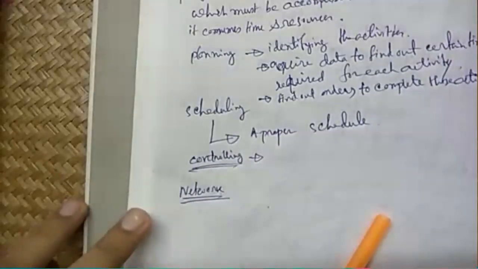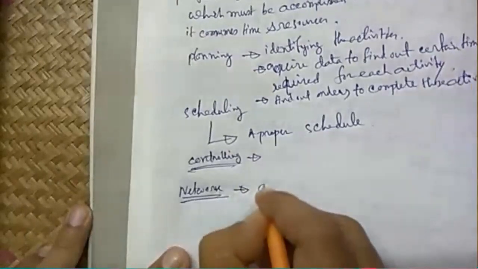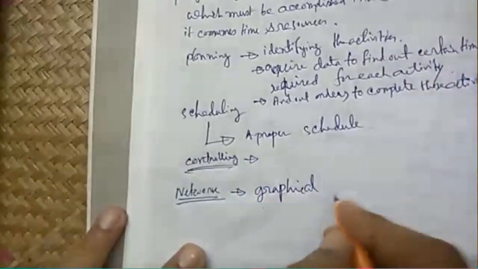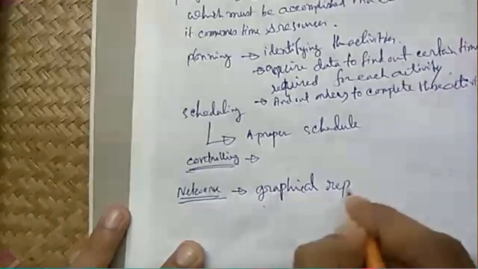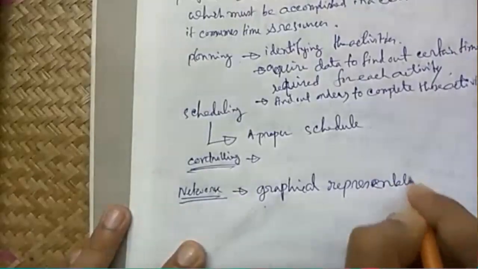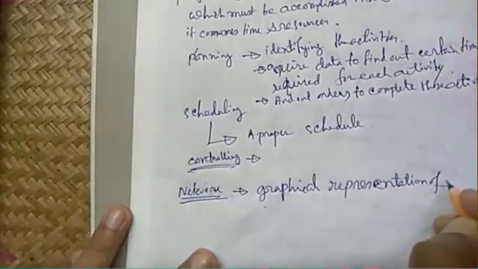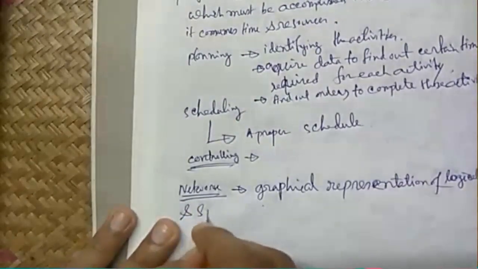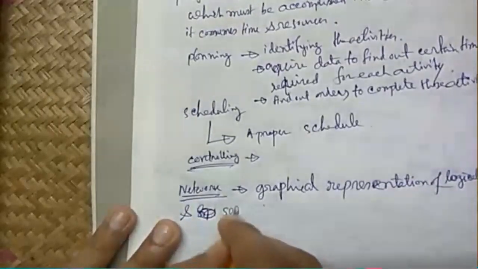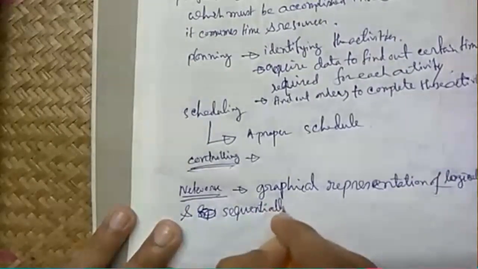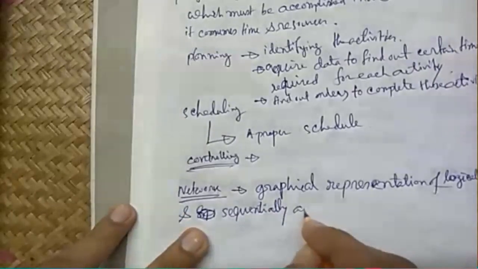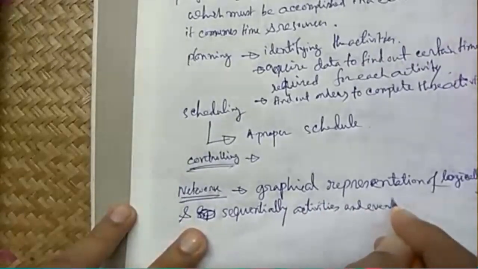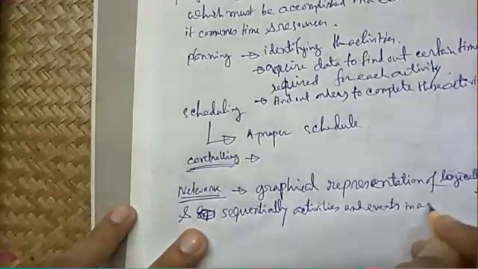Okay. So network is basically a graphical representation of logically and sequentially activities and events in a project.